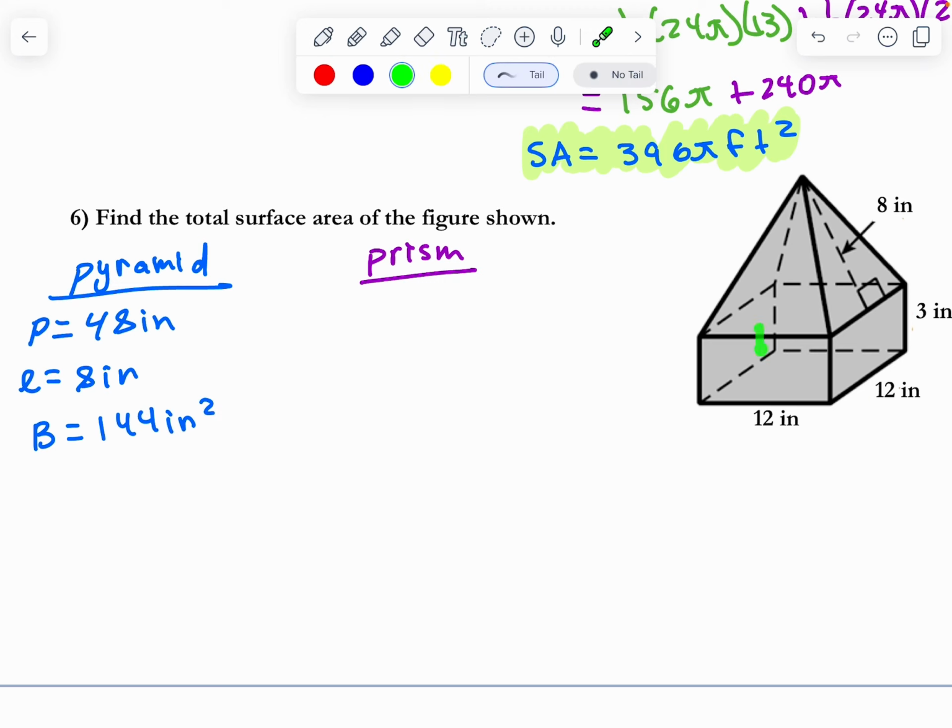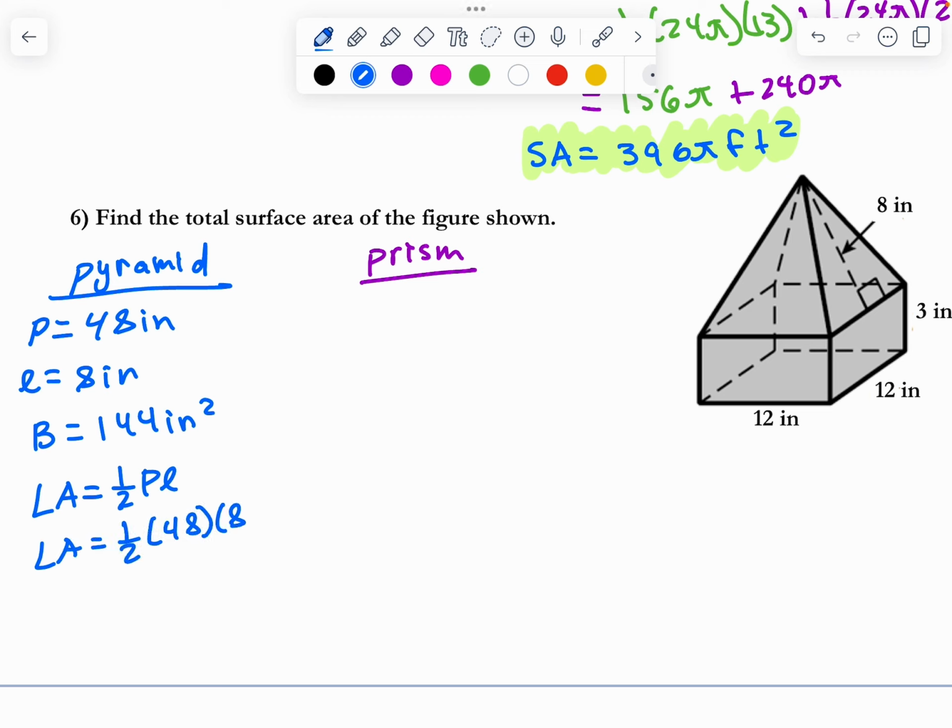How do I know that? Well, again, these are 12, so the area of the base is 12 times 12. And then the lateral area is half P times L, so half of 48 times 8. So the lateral area ends up being 192 inches squared, and we're done with this pyramid.